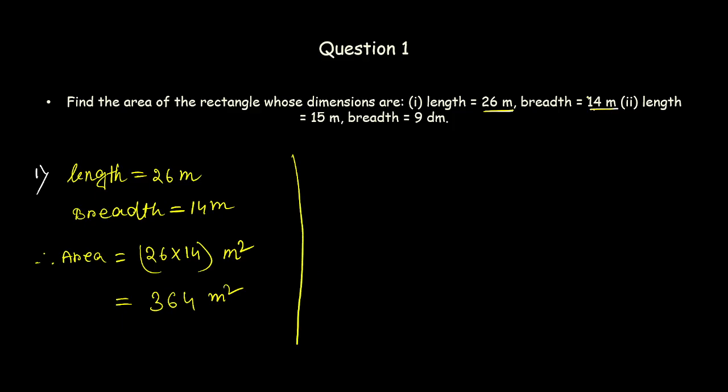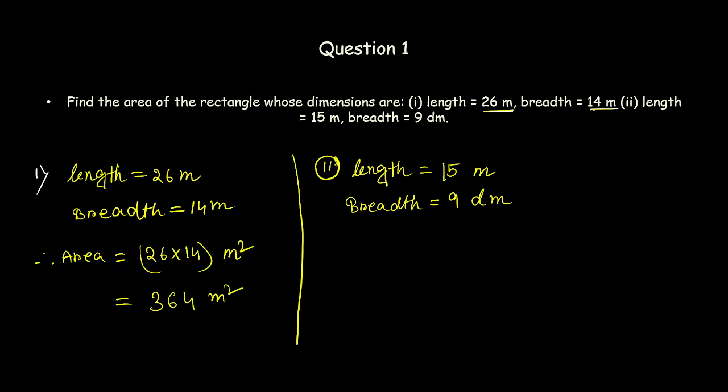Similarly, question number 2. Length is 15 meter, breadth is 9 dm, that is decimeter. So length is 15 meter, breadth is 9 decimeter.